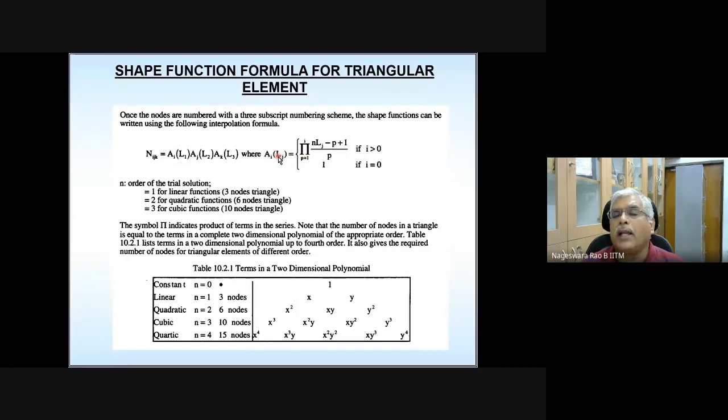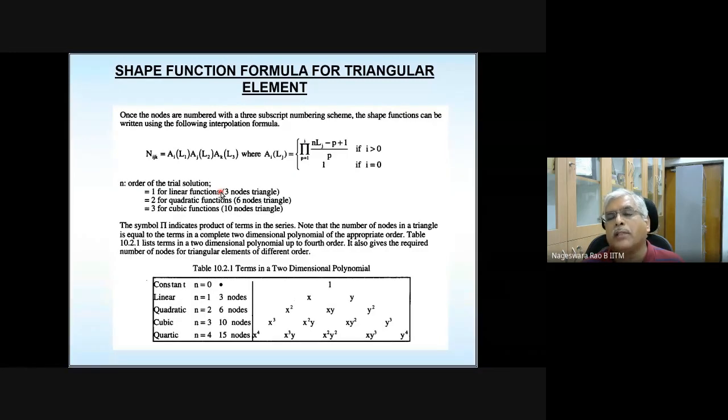So AI depends on I, whether it's greater than 0 or equal to 0. And one important parameter is there here, n. n depends on the order of the trial solution. Once we see an example, you will understand better. Order of a trial solution: you need to go back to your basics. If you have a three-node triangular element, what is the starting polynomial trial solution that you start with?